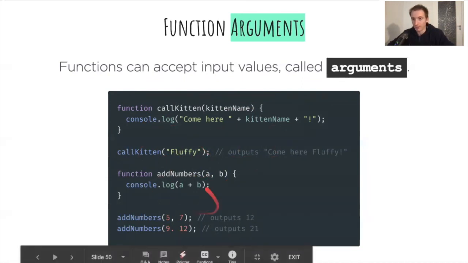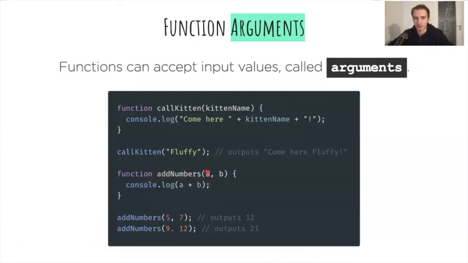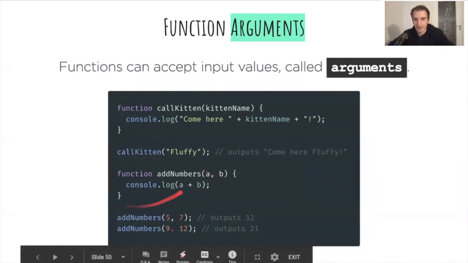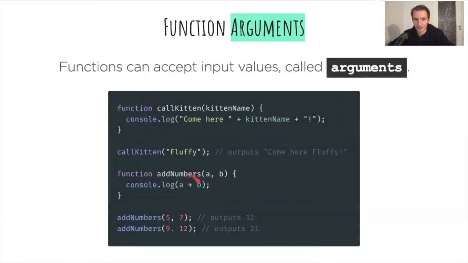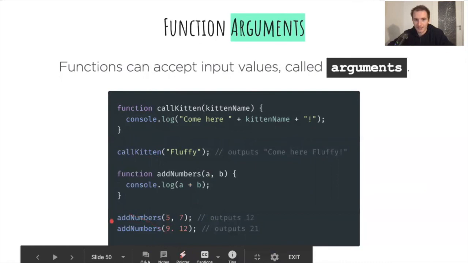We can also have multiple arguments. So the second example here takes 2 arguments. Every argument gets separated by a comma. And so this is the declaration. We take 2 numbers and we console log these 2 added together. And passing in addNumbers 5 and 7, this outputs 12.